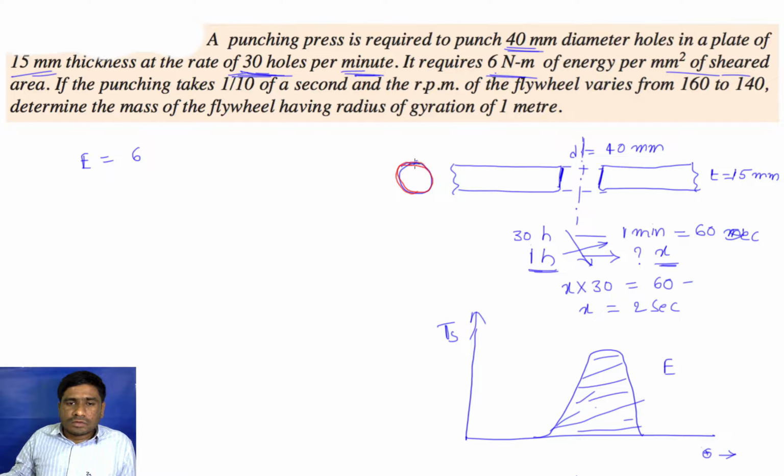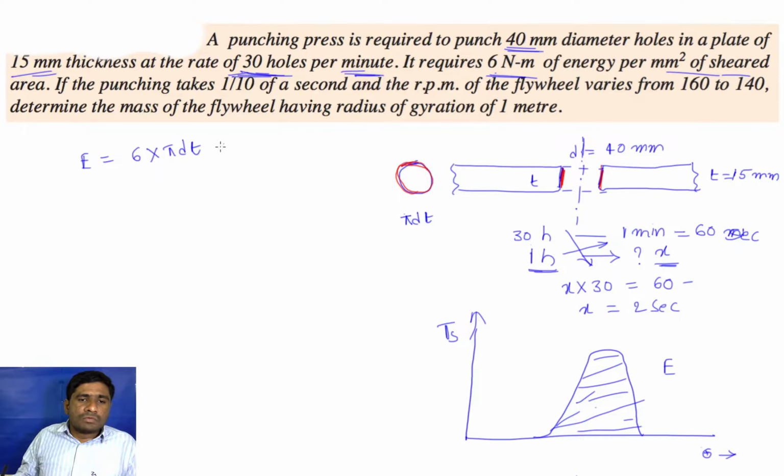This is the circumference of the punch, and that is from top to bottom. So what is the shear area? Pi D, and it is to the depth of T, so pi D T. So energy is given as 6 per sheared area, that is 6 into pi D T.